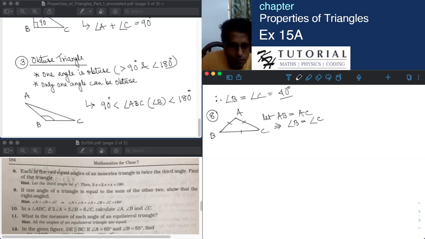It is also given that each of the two equal angles of an isosceles triangle is twice the third angle.